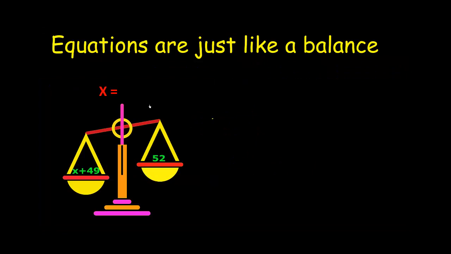Equations are just like a balance. Like in this balance, we have x plus 49 kgs on one side, and on the other side, we have 52 kgs. So that means x has a value. When we add the value of x to 49, we will get something more than 52, so it will be heavier. That's why this weight is going down.